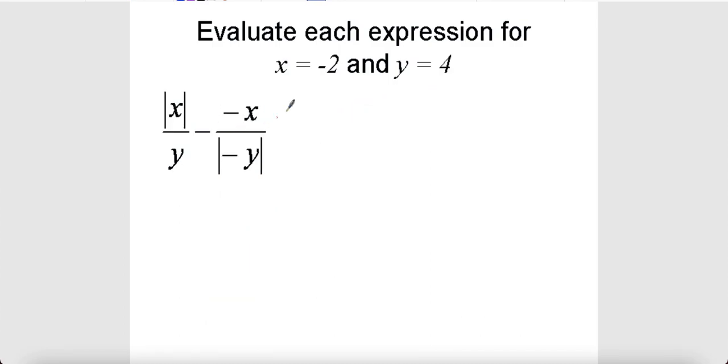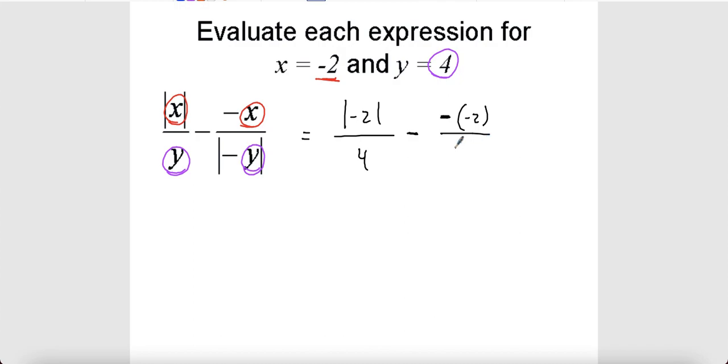All right, more complicated examples. Again, we're substituting in negative 2 for all my x's and positive 4 for any y's. Just substitution. So I've got the absolute value of negative 2 all over 4 minus the negation of negative 2 all over the absolute value of negative 4.